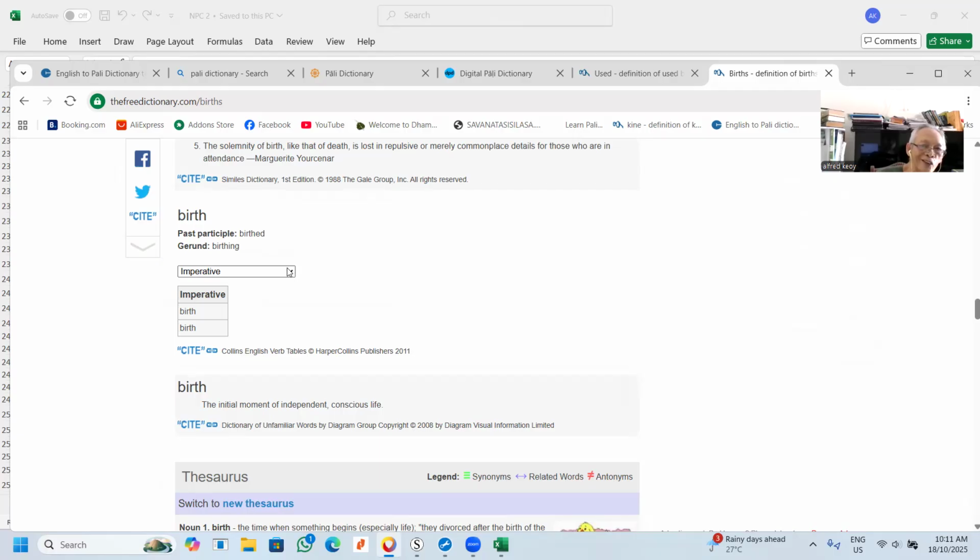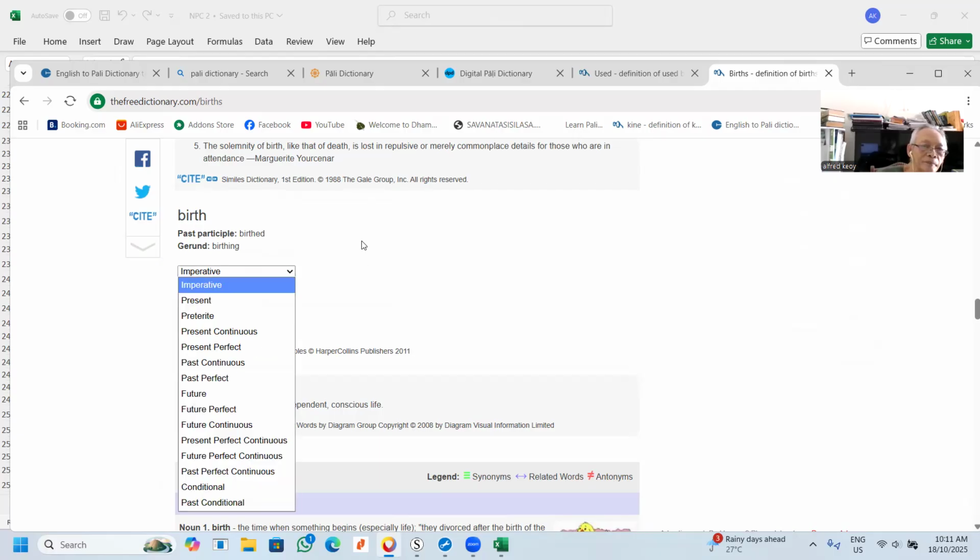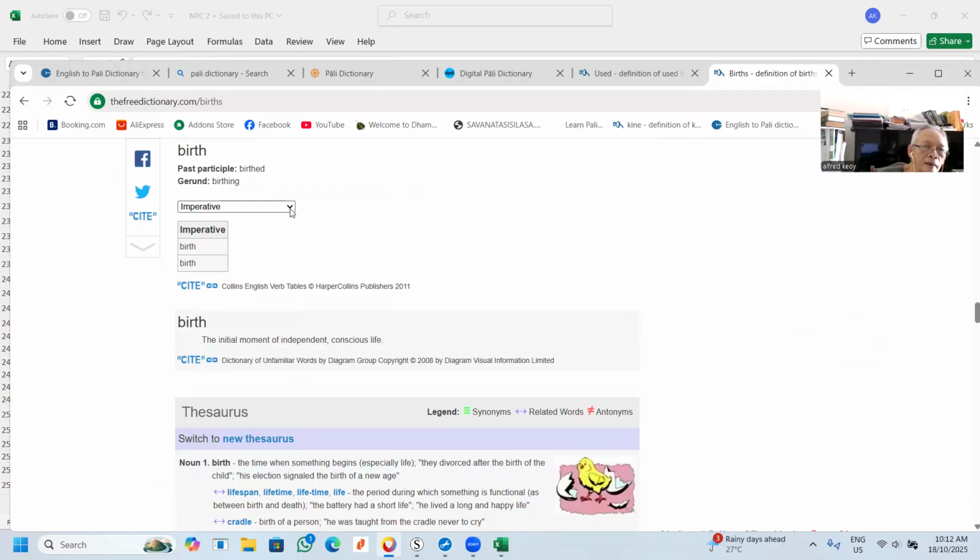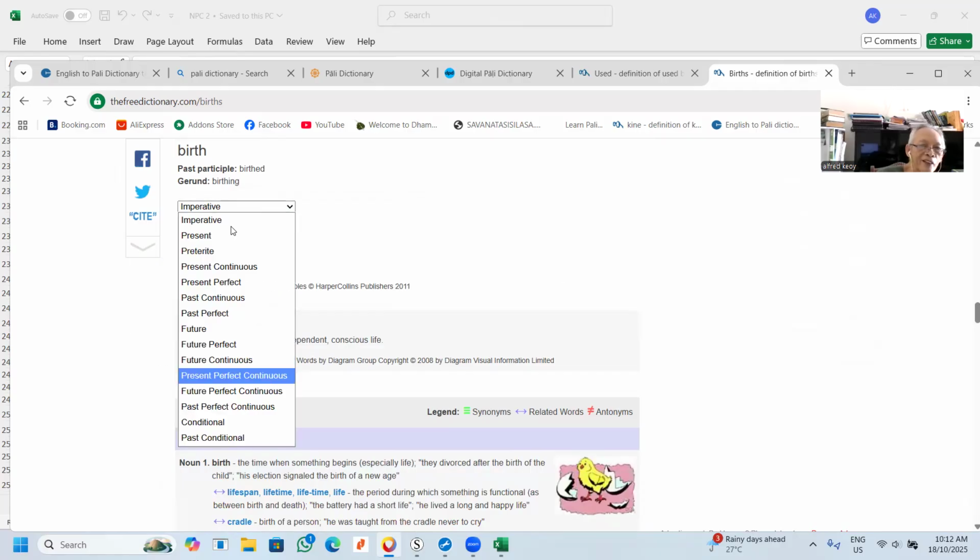Now I'm going to click on here. This is basically English grammar. Imperative means you have to add a verb, to go, to eat, to dance. So this is a present tense.